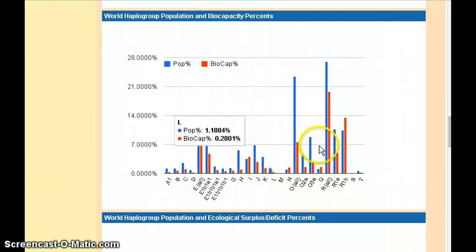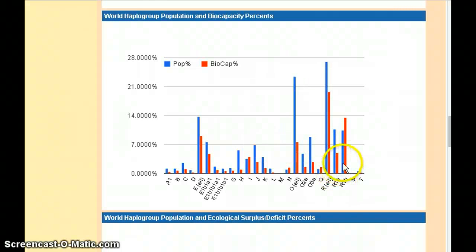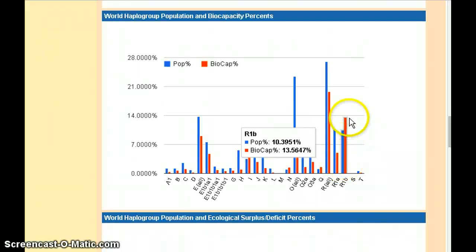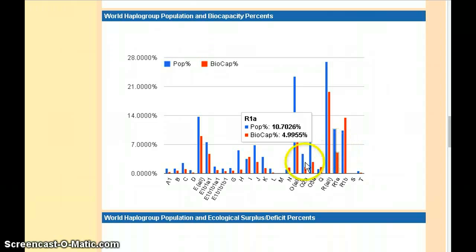We can see that also taking place in the R group. However, when we split the R group up into the R1A and the R1B, there's a reversal here. R1B seems to have greater access to biocapacity versus population percentage than R1A.